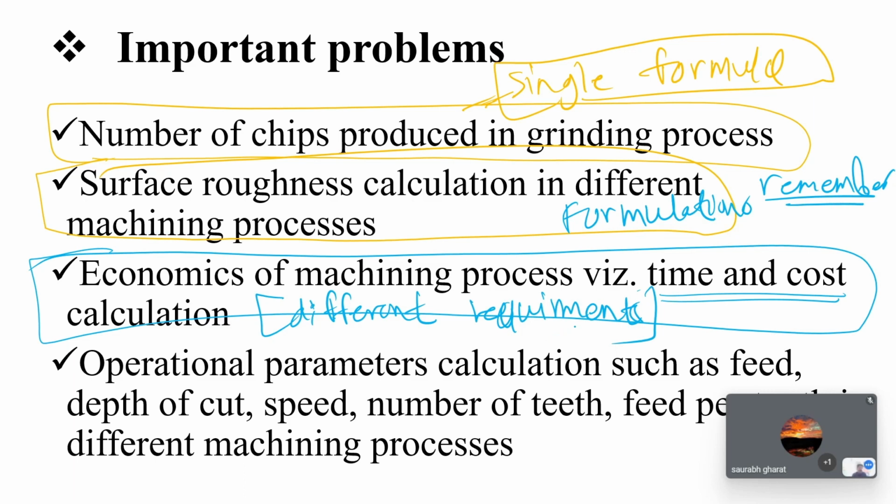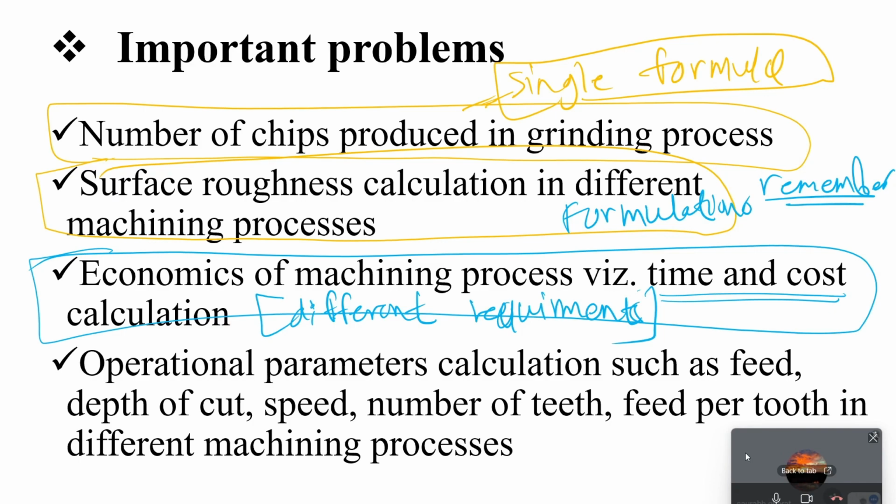So this time and cost must be calculated depending upon the need and application requirement. So you work on the economics of the machining process: time and cost calculations. Operation parameters such as speed, depth of cut, feed, number of teeth for different machining processes. So this is most critical.